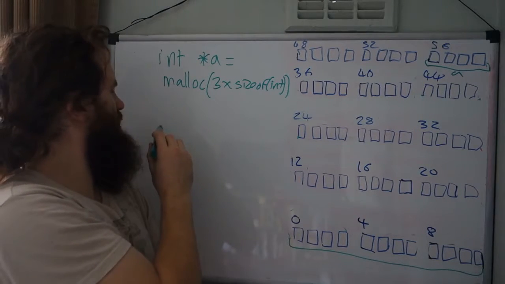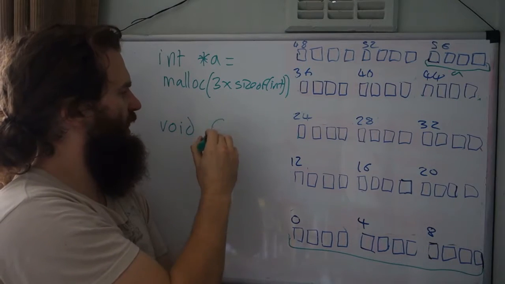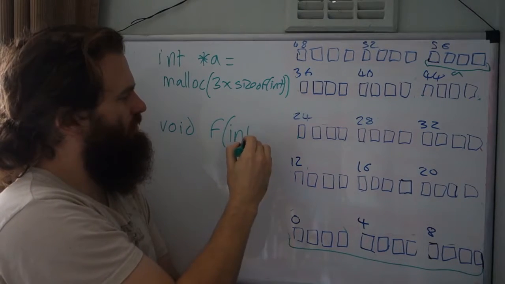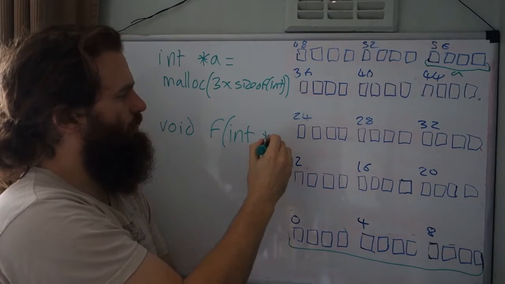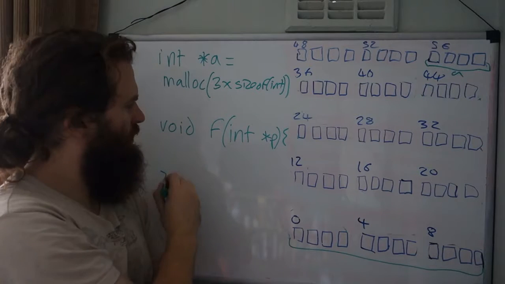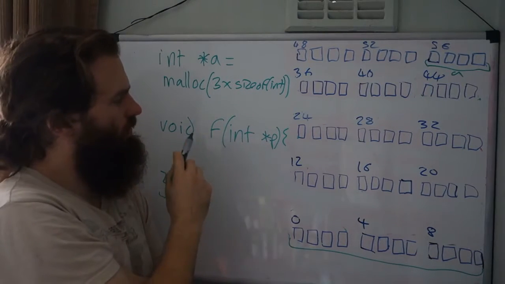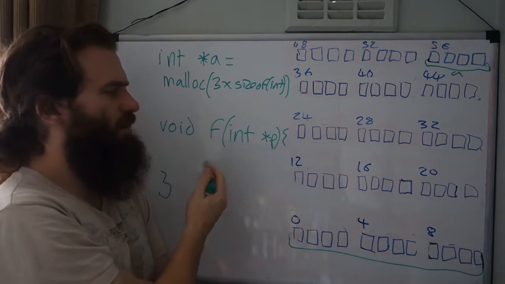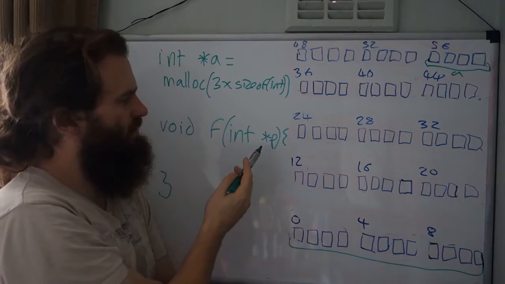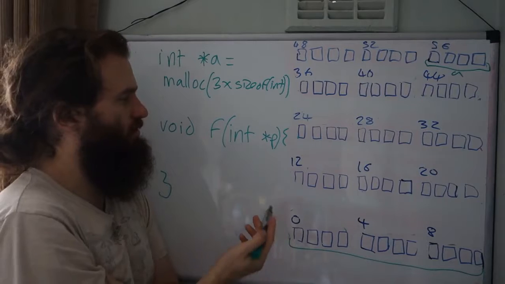If we have a function here, a void function f that takes an integer pointer p, what's going on here? What value do we get inside the function? Well, we don't pass in the whole array, we're just passing the pointer, which is a memory address.